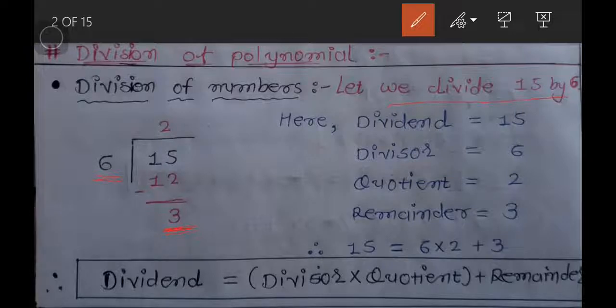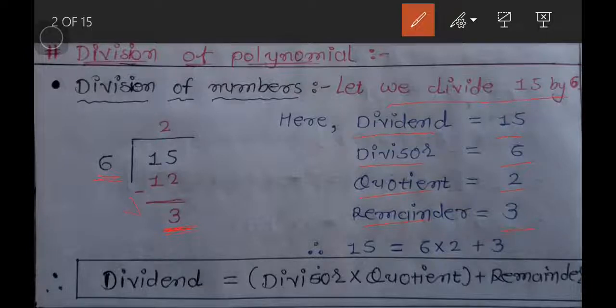So here we know that 3 is less than 6, so we stop our process here. Now here we know that the dividend is 15, our divisor is 6, our quotient is 2, and the remainder is 3.